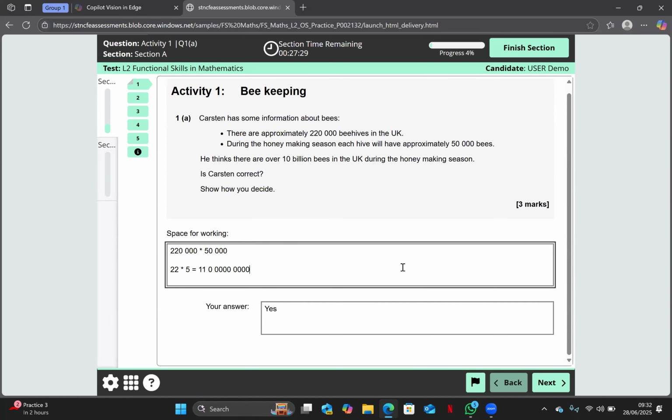Because if we think about it, in a million, how many zeros? In 100,000 there are five zeros, and in a million there are six zeros.